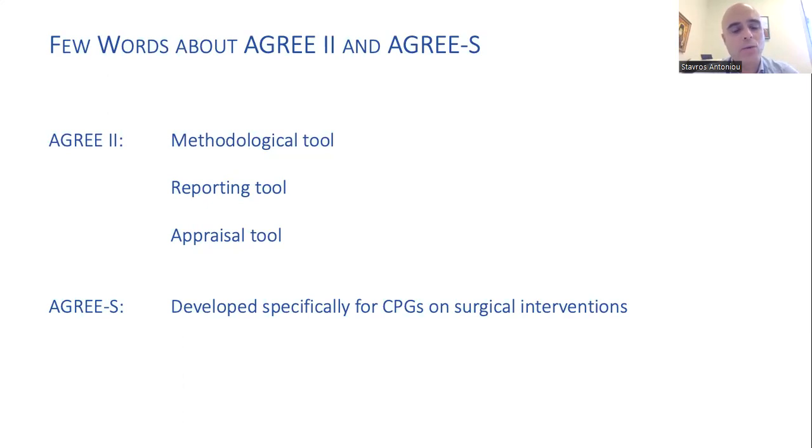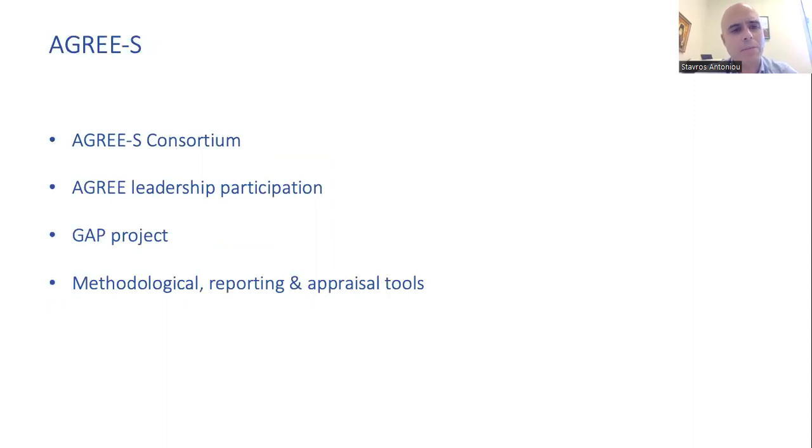So Agree-S was developed specifically for guidelines on surgical interventions. So we aimed to develop an Agree-II extension to be used specifically in guidelines on surgical interventions. So we established a consortium with different stakeholders, people with different surgical backgrounds, different surgical disciplines, guideline methodologists, journal editors, patient representation as well, among others.